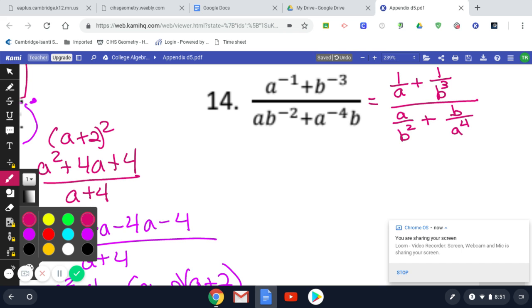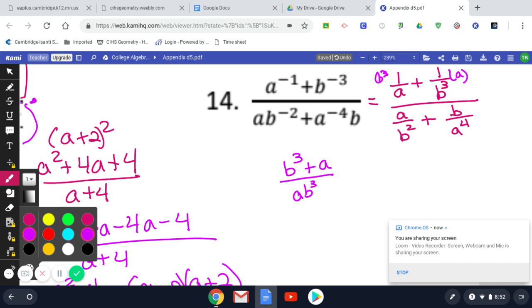So I'm going to work to simplify the numerator and the denominator. So on my numerator, I'm going to get like denominators, so I've got to multiply this one by b to the 3rd, and I'm going to multiply this one by a. So then on my numerator, what I'm going to have is b to the third plus a over ab to the third.